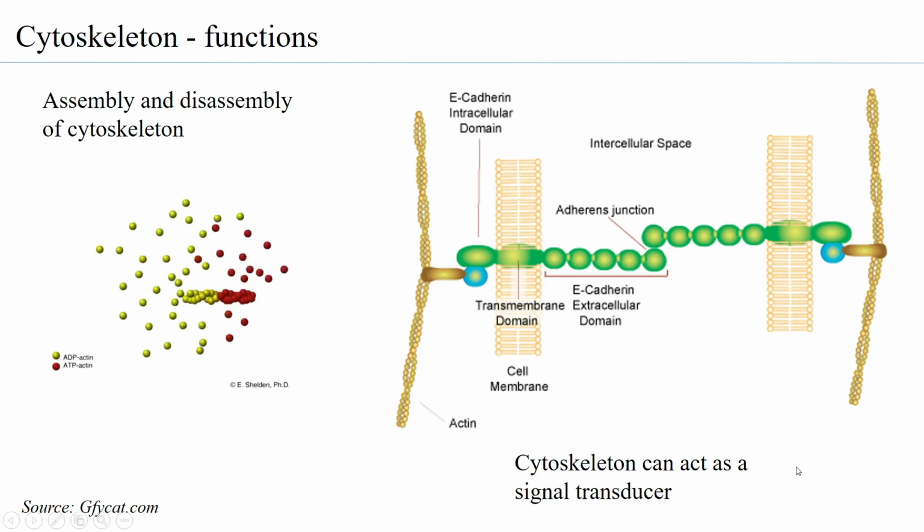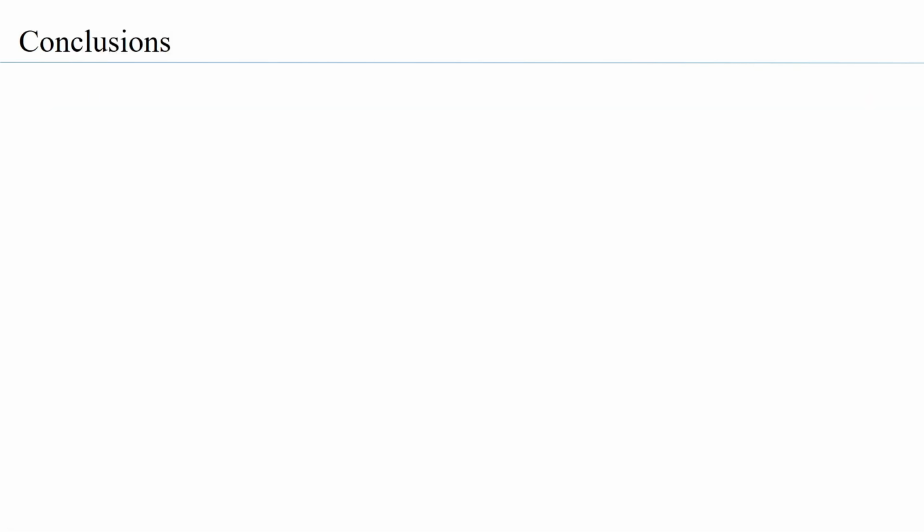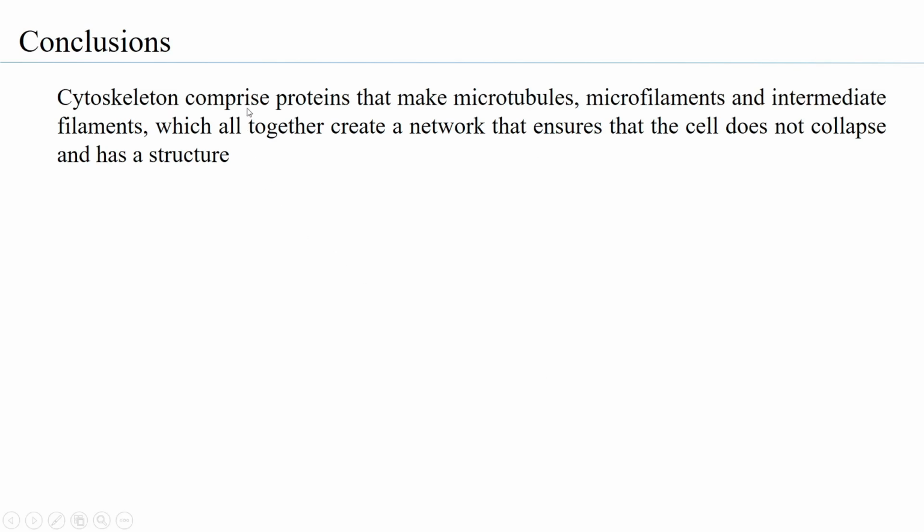So with this, we have understood the different functions in which the cytoskeleton is involved with respect to a particular cell or with respect to cells. So let us make the conclusions. Cytoskeleton comprises proteins that make microtubules, microfilaments, and intermediate filaments, which all together create a network that ensures that the cell does not collapse and it has a particular structure.